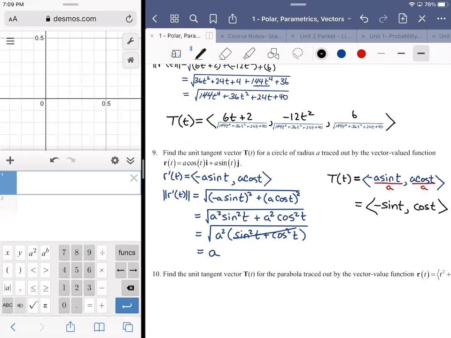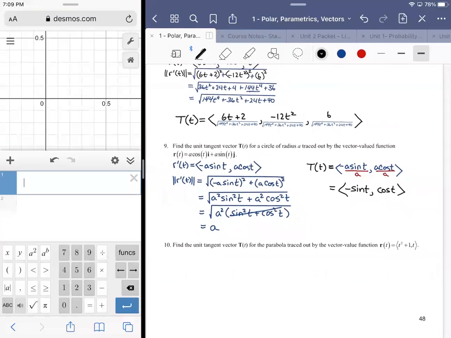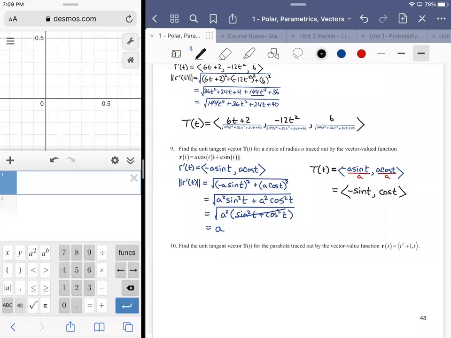So if your two components in your derivative involve sine and cosine and are only a coefficient away from being that, then just strip away the coefficients, leave the signs, and you'll have your unit tangent vector. It wasn't a lengthy problem to begin with, but even still, you kind of want to trim the fat a little bit.